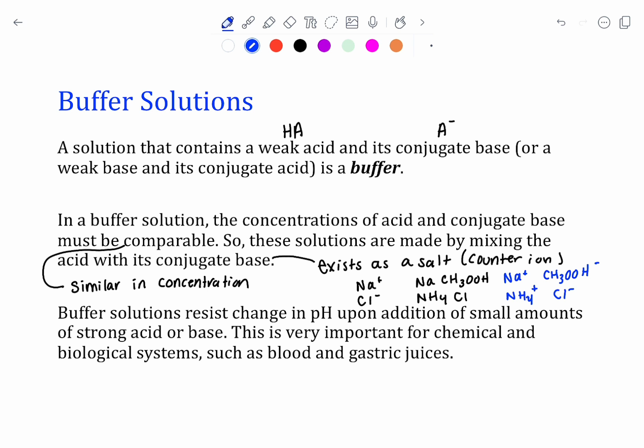So buffer solutions are important to us and the rest of the universe because they resist change in pH upon addition of small amounts of strong acids or bases. Now this is very important for our chemical and biological systems everywhere. I like to give the example of gastric juices.